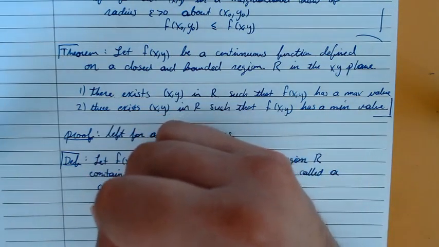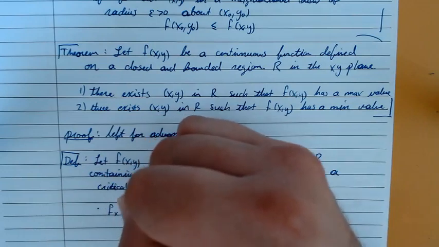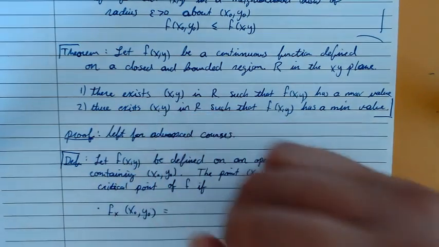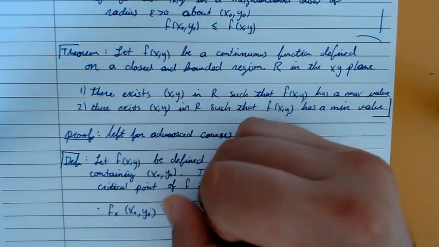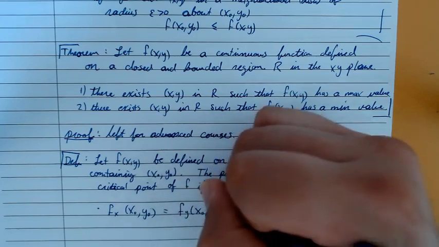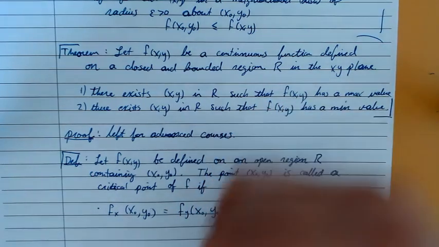If f sub x at x naught comma y naught is equal to f sub y at x naught comma y naught equals 0.